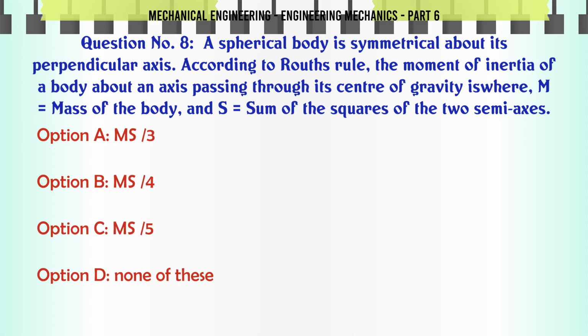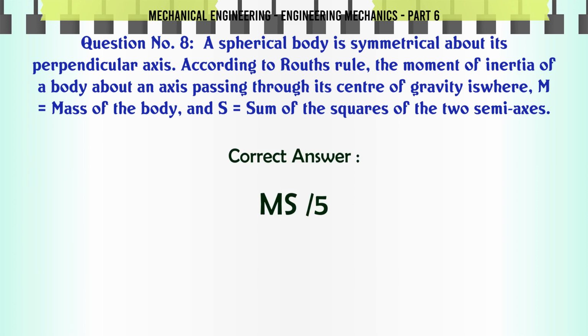According to Routh's rule, the moment of inertia of a body about an axis passing through its center of gravity is m·s/V, where m is the mass of the body and s is the sum of the squares of the two semi-axes. A) ms/3, B) ms/4, C) ms/5, D) none of these. The correct answer is ms/5.